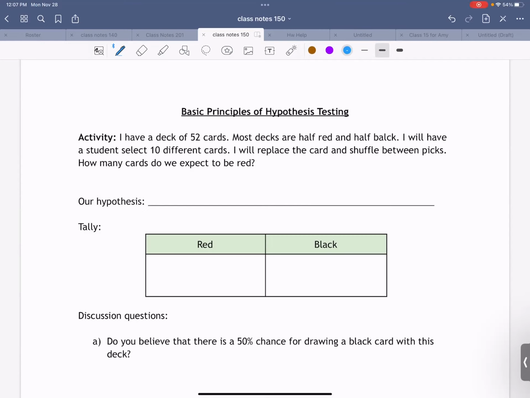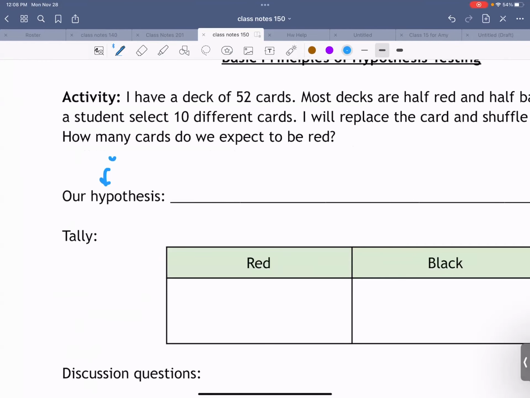Now, before we do any experiment, we always state a hypothesis. Does anyone know what a hypothesis is? It's a guess, right? I think the phrase educated guess gets thrown around a lot. So whenever you do an experiment, the hypothesis is what you think is going to happen. That's our educated guess.